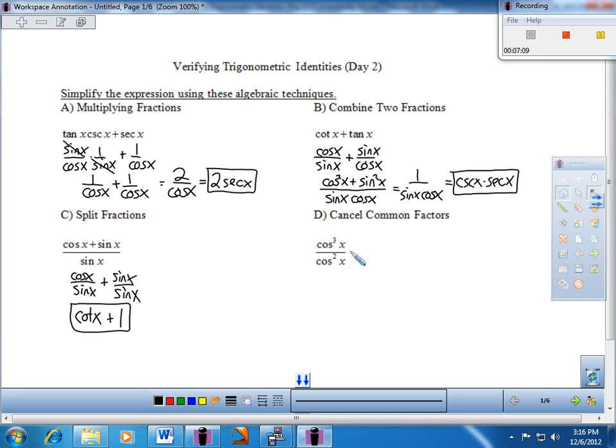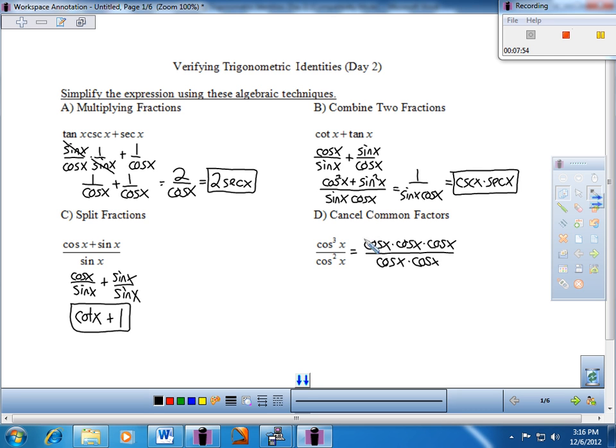You do a lot of canceling common factors out on top and bottom. And you can shortcut this if you want, but I guess the way I would read cosine cubed, what does that mean? Cosine times cosine times cosine. Cosine squared, of course, everybody, is cosine times cosine. Now remember what it means to be a common factor.